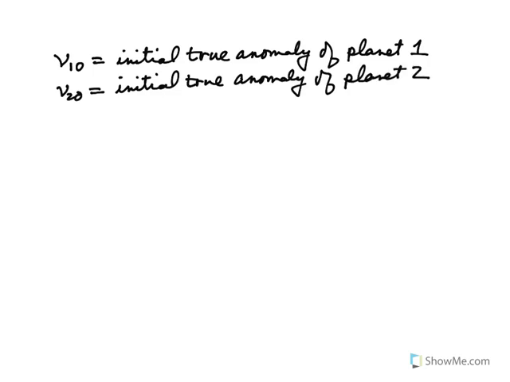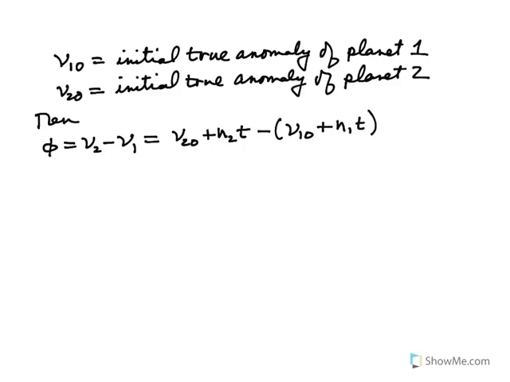Now, as a result of that, we can compute the phase angle, which is equal to nu2 minus nu1, which is nu20 plus n2 times t minus nu10 plus n1 times t, which gives that phi is equal to nu20 minus nu10 plus n2 minus n1 times t.